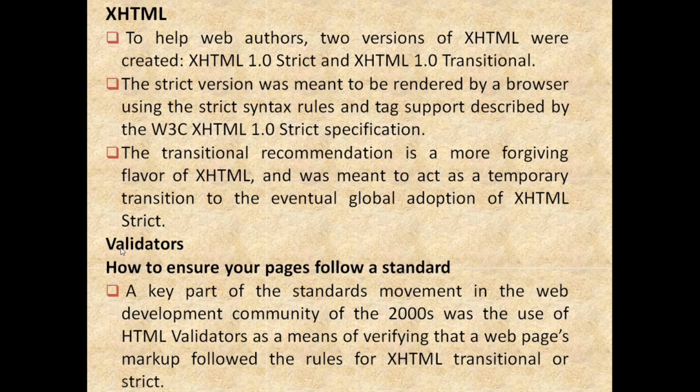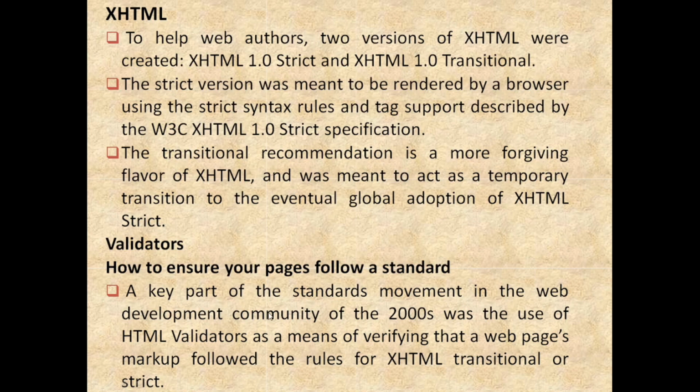Now the next topic is validators. How do you ensure your pages follow a standard? That means if you have created a web page, how do you make sure which standard you are following, whether 1.0 strict or 1.0 transitional? A key part of the standards movement in the web development community of the 2000s was the use of HTML validators as a means of verifying that a web page's markup followed the rules for XHTML transitional or strict.